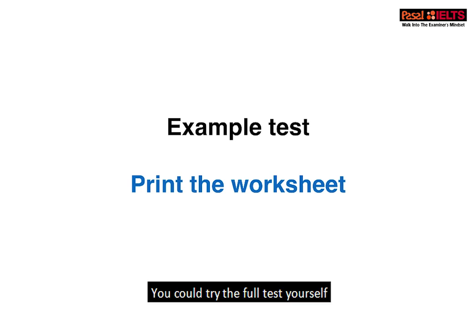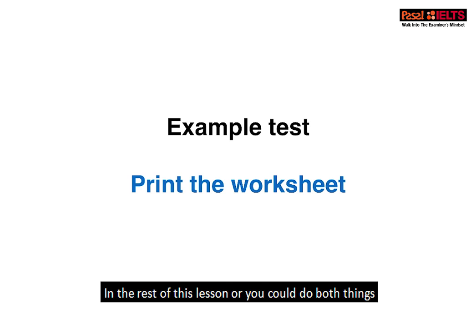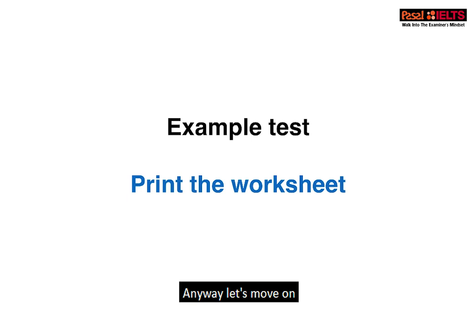You could try the full test yourself using the techniques I've just shown you, or you could work through the test with me in the rest of this lesson, or you could do both things. Ideally, do the test yourself, try it, see how you do alone, and then work through it with me on this video. Anyway, let's move on.